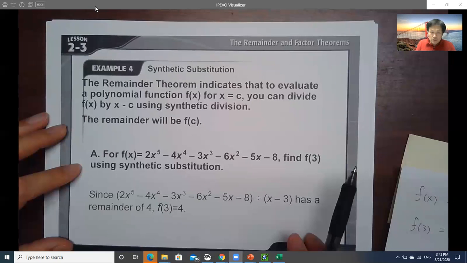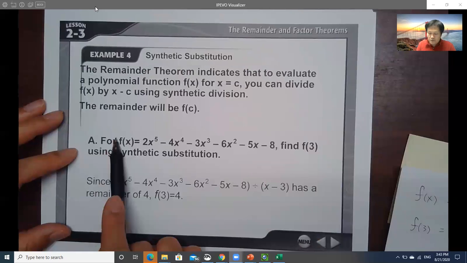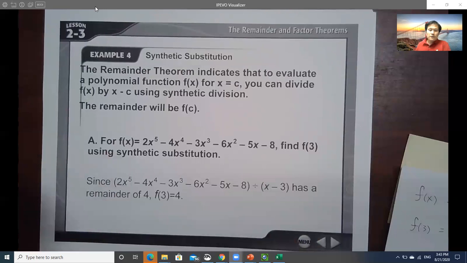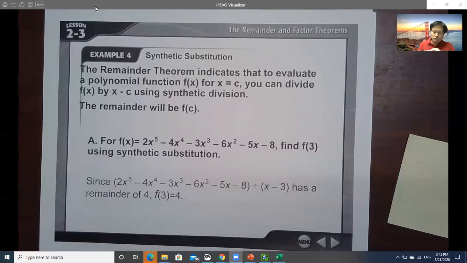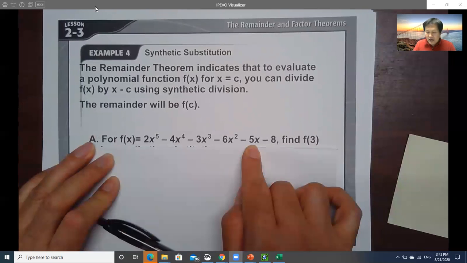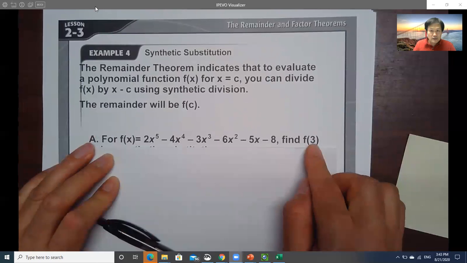So here, the question is like this. For f of x equal to the following, find f of 3 using synthetic substitution. Okay, let's forget about synthetic substitution. If I ask you, for f of x equal to the following, find f of 3, isn't 3 the value of x?